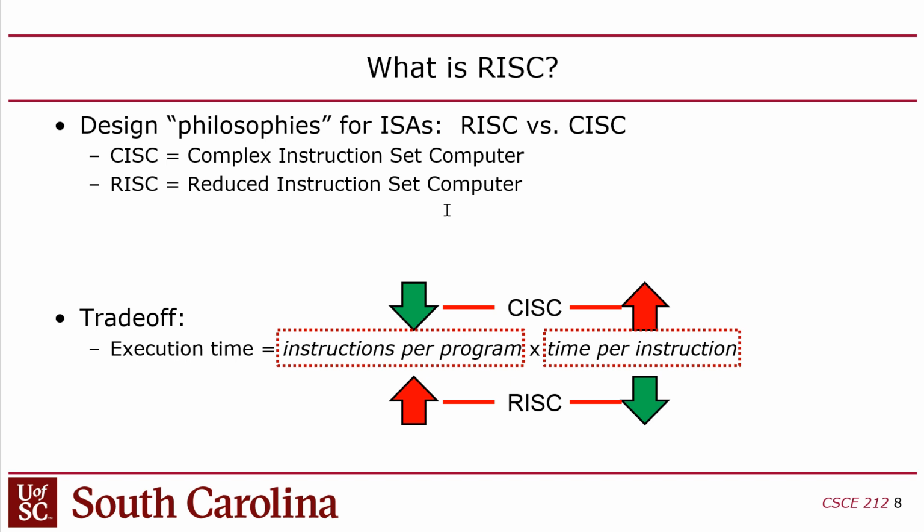This has the effect of increasing the time required to execute each instruction on average, but it allows there to be fewer instructions that need to be executed for a given program.